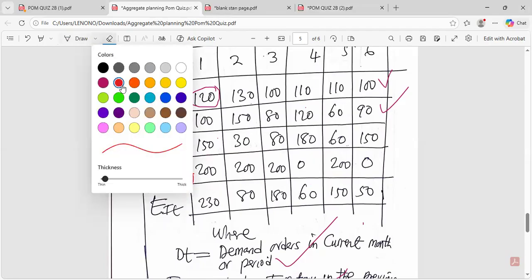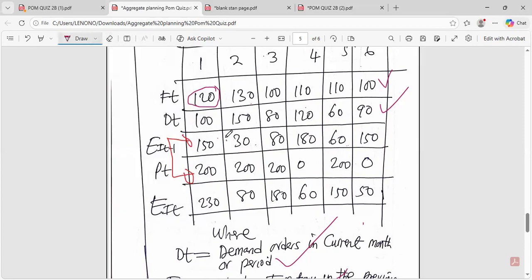From the 230, you can see that 230 will be the beginning stock here. In this month, we do not require production.